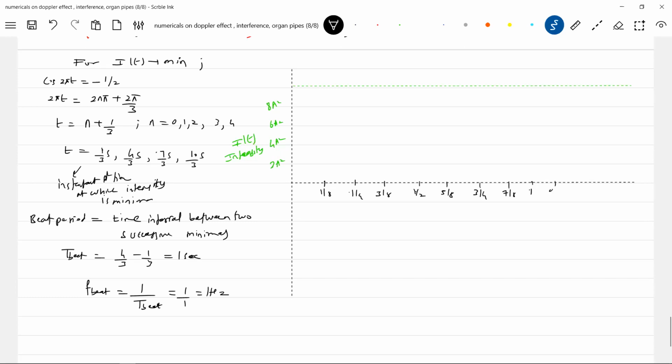This will be 1. 9 by 8. After 9 by 8, what do we get? 10 by 8, 5 by 4. 11 by 8. 12 by 8 will be 3 by 2.